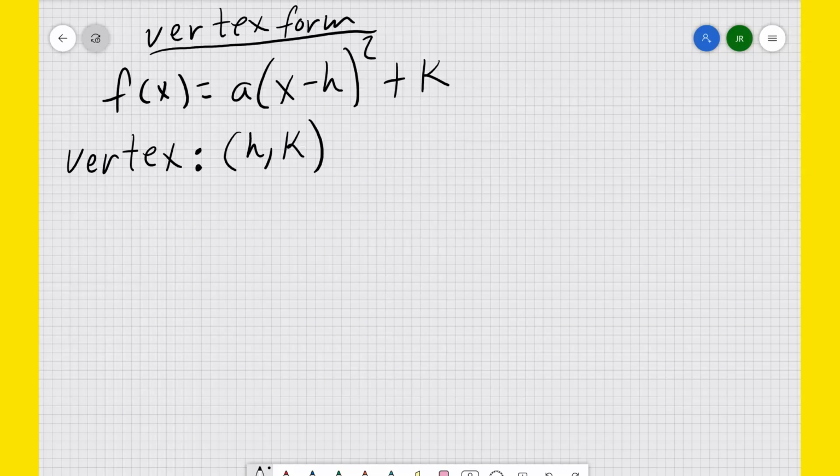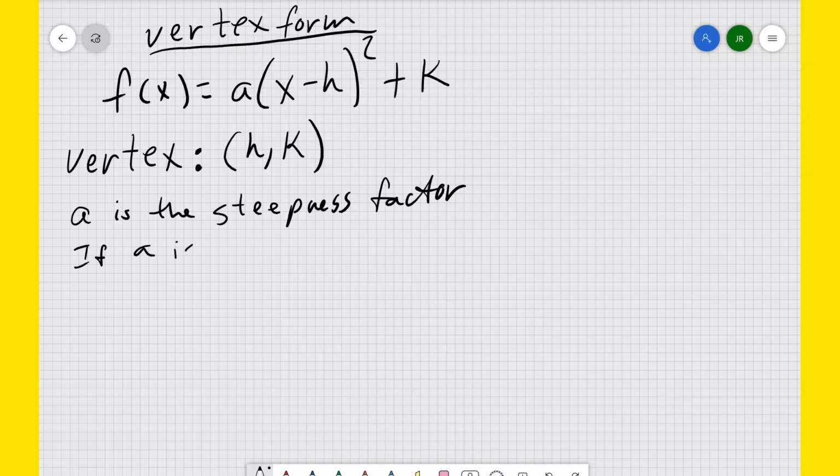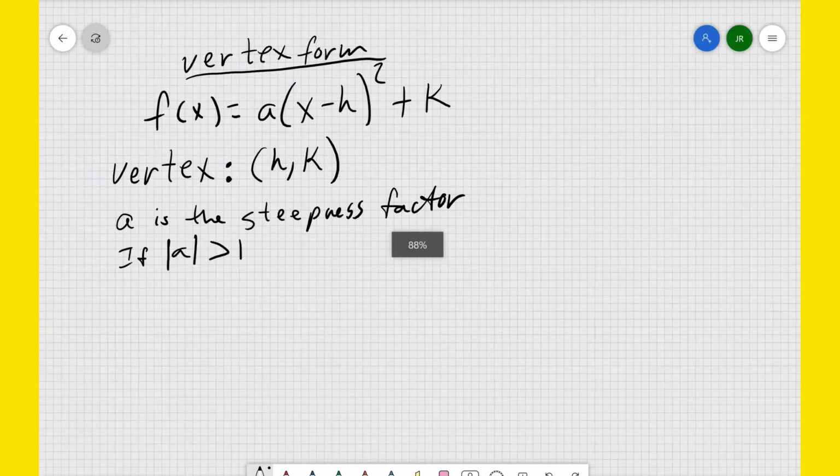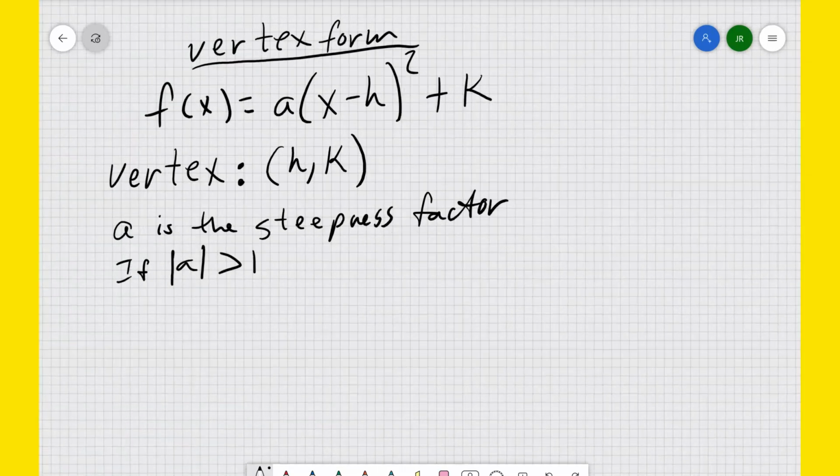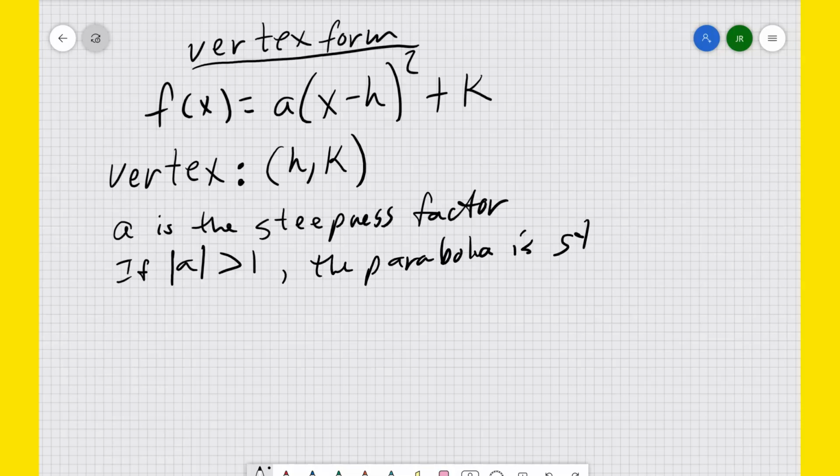All right. a is the steepness factor. Let me say this: if the absolute value of a is greater than 1, so let's say a is like a 2, or if a is a 3, or if a is a 10, or if a is a negative 5, or a negative 100, the parabola is steeper.